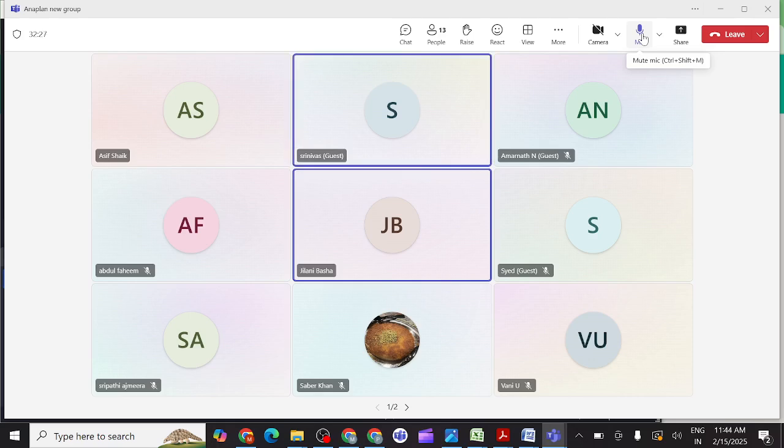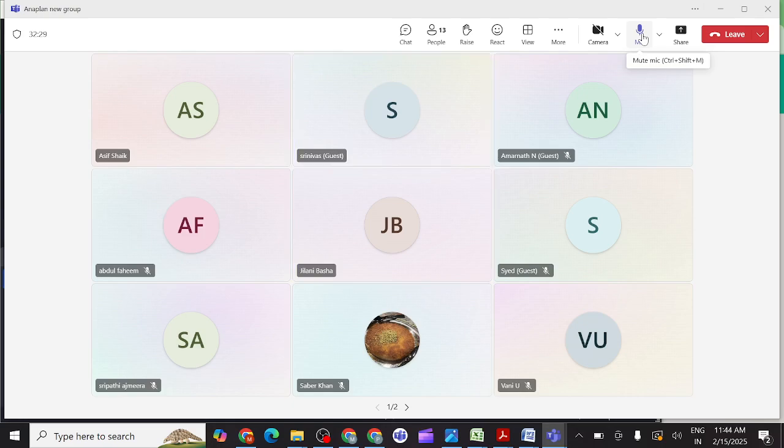In cash flow, if you want to calculate the cash flow, what are the things you need to know?